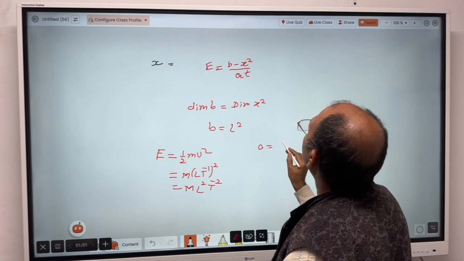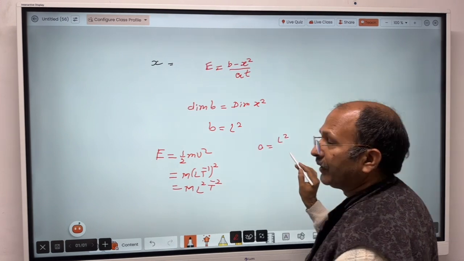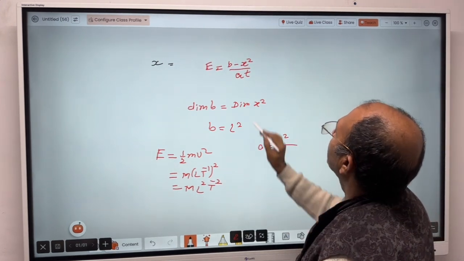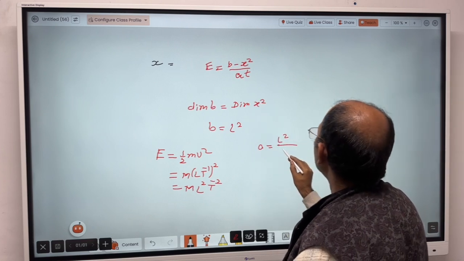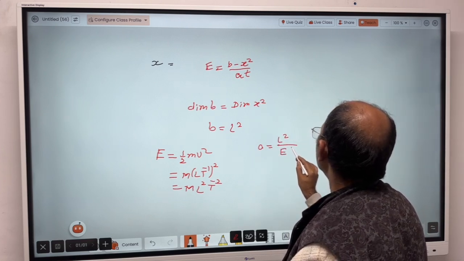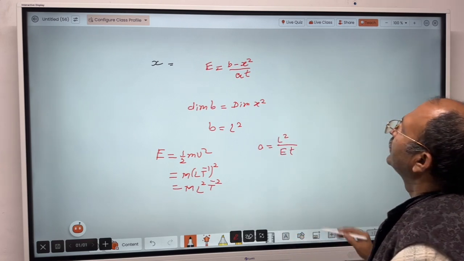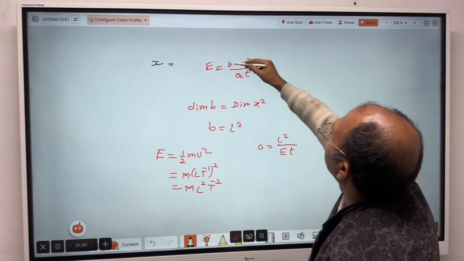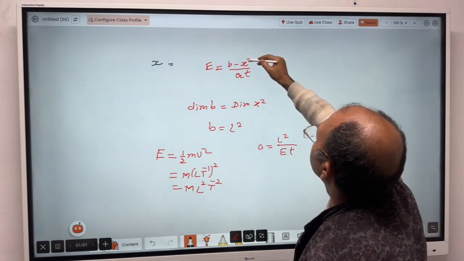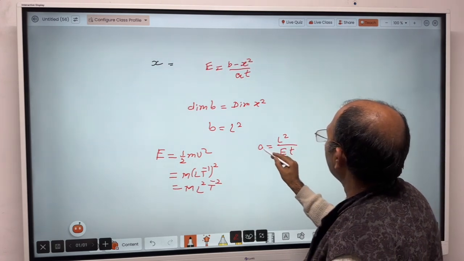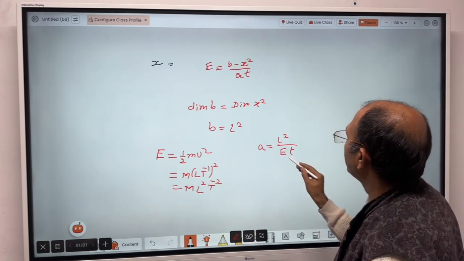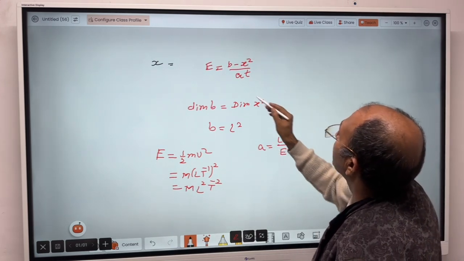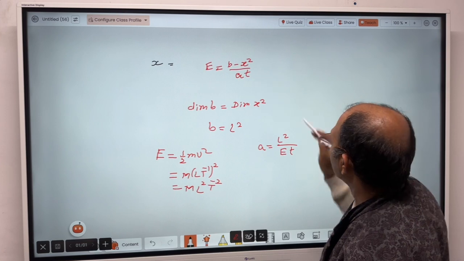A will be equal to L square divided by E into T. L square, because for B minus x square both have the same dimension, that is why I have written L square. Here we have to find out the dimension of A, so we put the dimension of this thing, and then E has come over here.